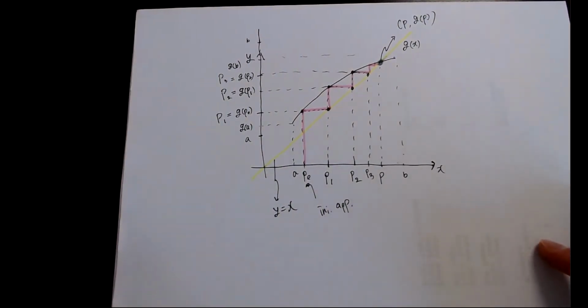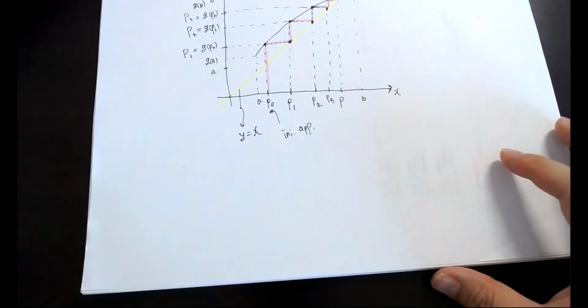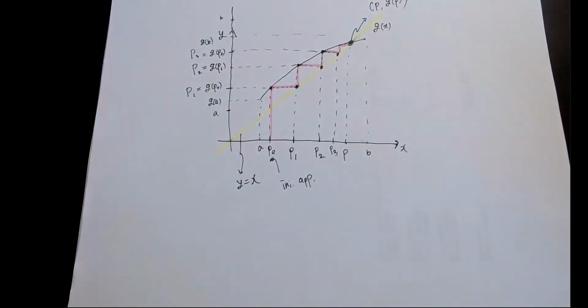It's really simple, but keep in mind function g must satisfy the hypothesis in theorem 2.2, so we can guarantee the existence and uniqueness of the fixed point.